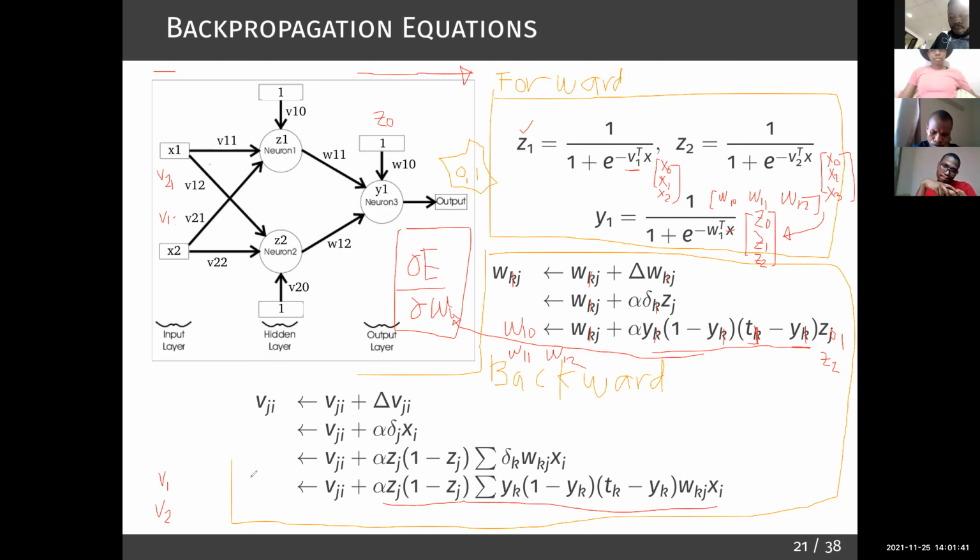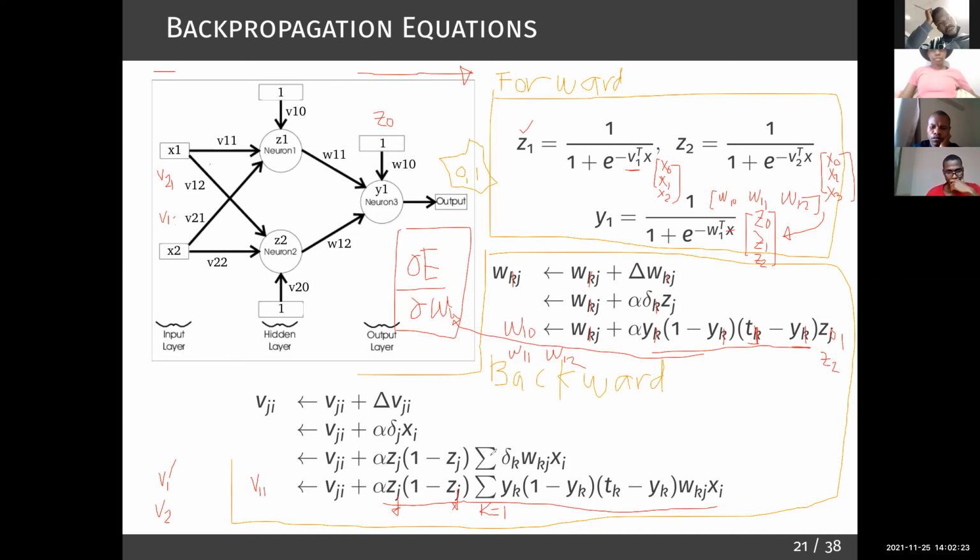To update the correction on the Z1 and Z2, this is how we are going to do it. If you are doing V11, the same thing, whatever V11 is. Remember the J here. The J is for the first, so this is V1. This is Z1. So on and so on, you just compute. K starts from 0 to n, but because we only have one output, here this is only one.